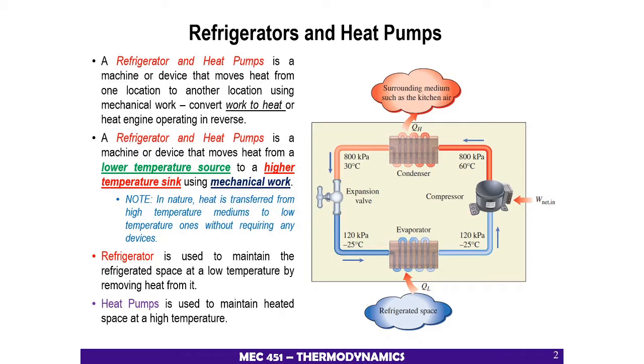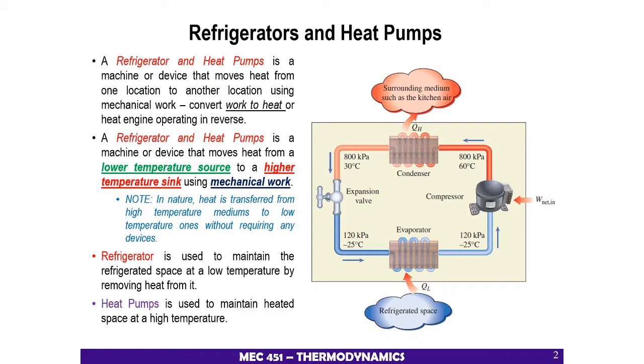But a heat pump and refrigerator is going to remove heat from a lower temperature to a hotter temperature with the addition of mechanical work. So that we call it a refrigerator and heat pump.